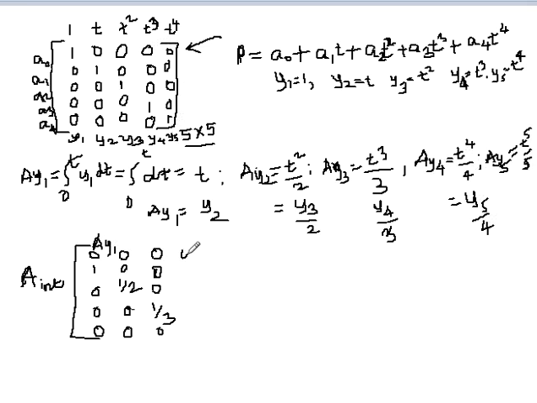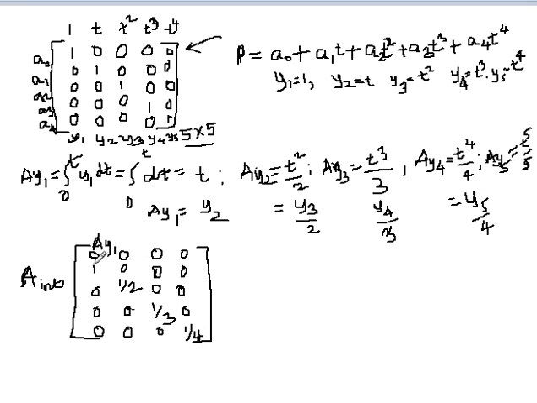So y5 has the last element as non-zero, and the last one is 1 by 4. Now we have reached degree 4 here, because it is t to the power 4, so we stop. We don't go further, because we have already replicated t to the power 4.